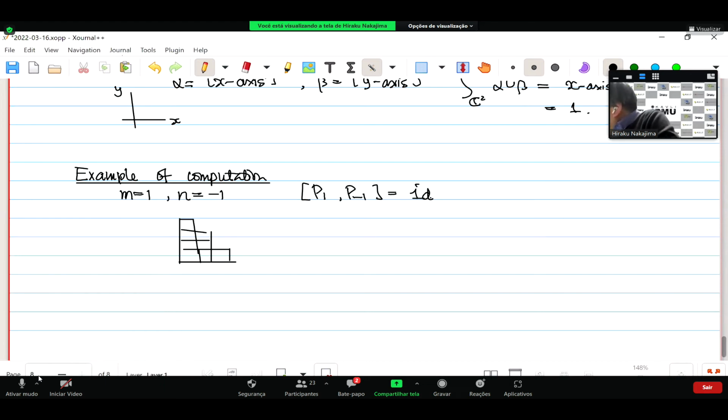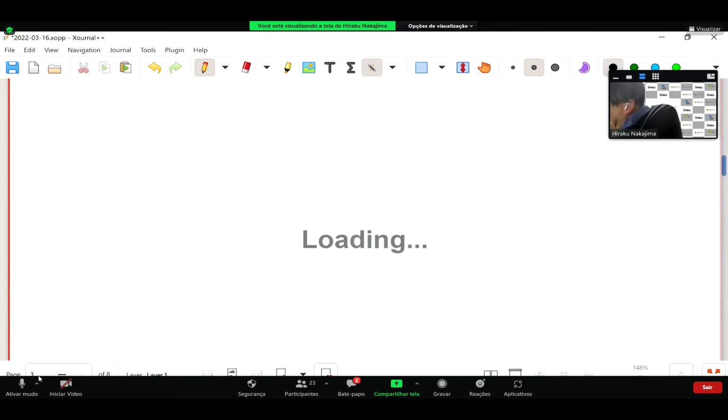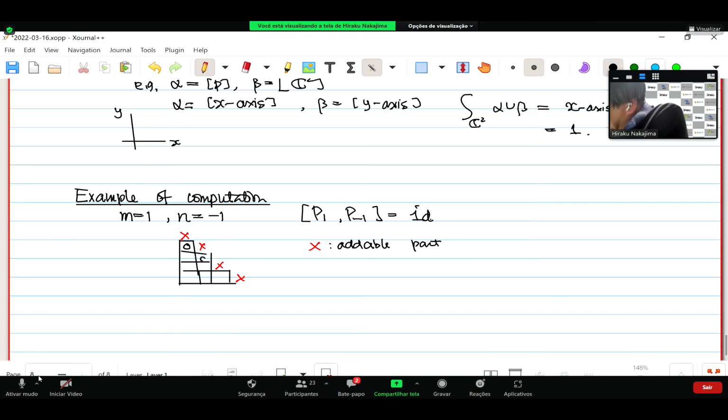The important point is you observe those boxes. So a cross is an addable part. Addable means you can put a new box to change this Young diagram to another Young diagram.